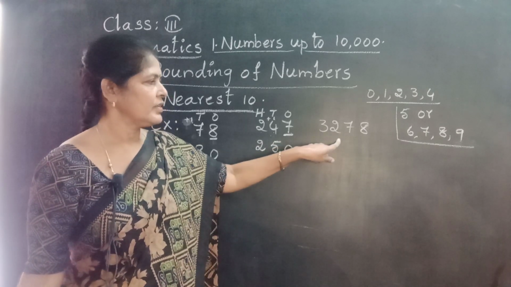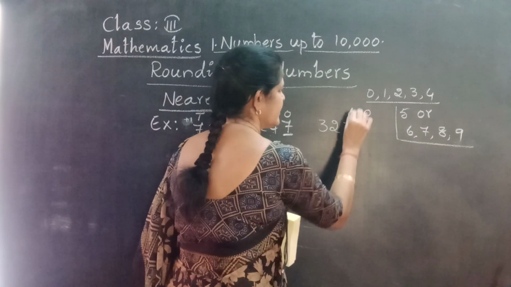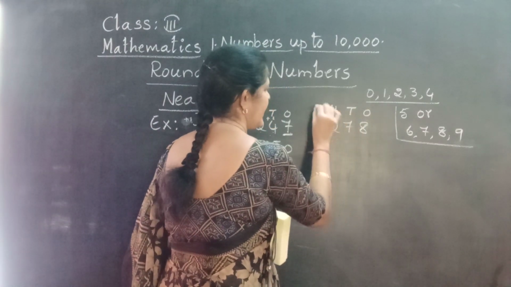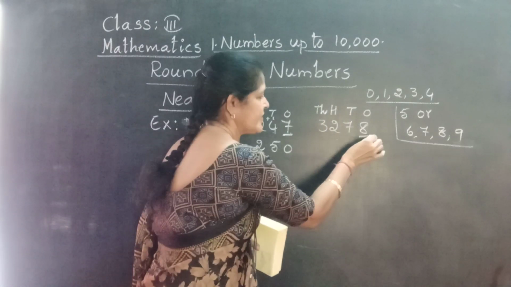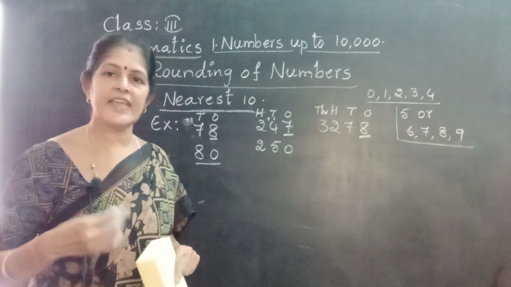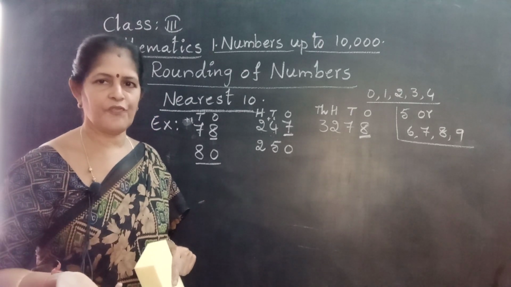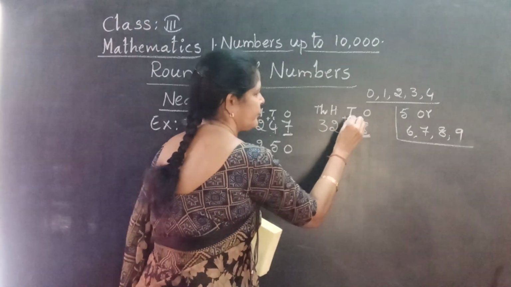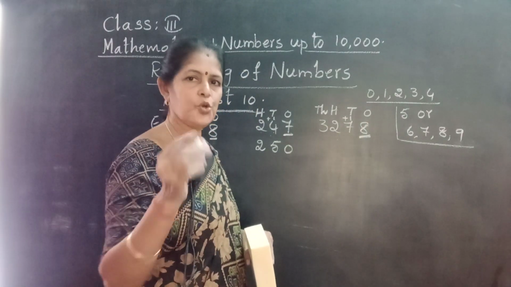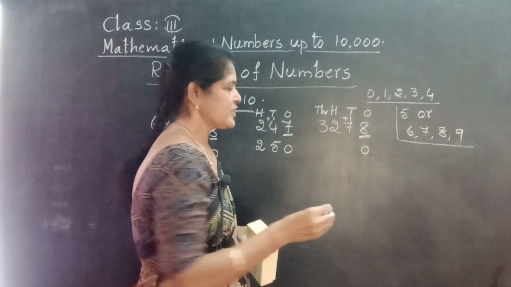Now the third number is a 4-digit number. Ones place, tens place, hundreds place, thousands place. Same rule. Check the ones place number. The ones place number is 8. 8 is greater than 5. Then add 1 to the tens place number: 7 plus 1 is 8, and put 0 in the ones place.